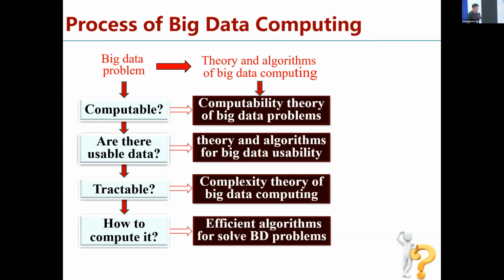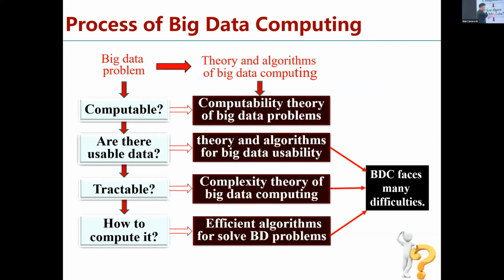Finally, to answer the last question, we need efficient algorithms for solving big data problems. Traditional computability theory is enough for the first question. But for the other two aspects, big data computing faces many difficulties.